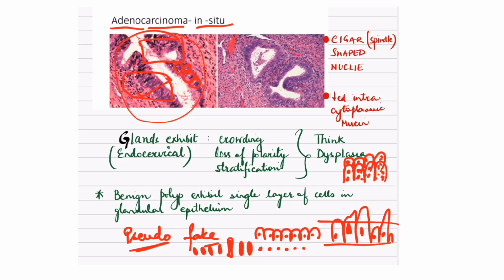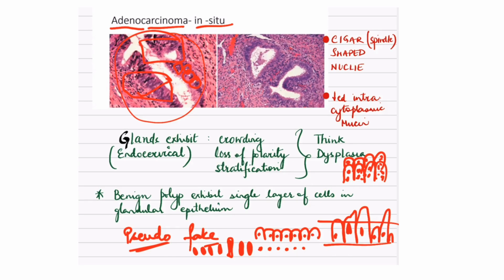Like how? Now after this, if you have seen the features, just go straight to the stroma. Look at the changes. Can you see any similar changes in stroma? Can you see anything carcinomatous in stroma? If you cannot, and if you see these changes confined only to the epithelium, just write adenocarcinoma in situ.